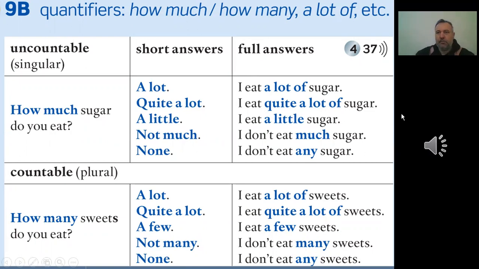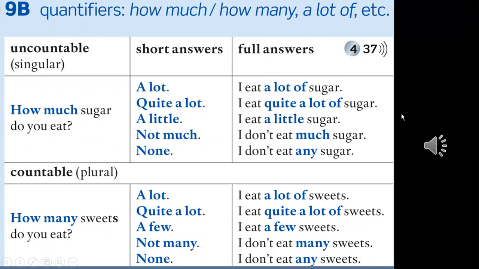4.37. How much sugar do you eat? A lot. I eat a lot of sugar. Quite a lot. I eat quite a lot of sugar. A little. I eat a little sugar. Not much. I don't eat much sugar. None. I don't eat any sugar.